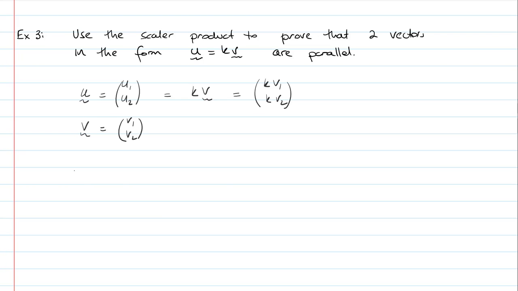And so this means, of course, that u dot v is equal to, using our definition, kv1 times v1 plus kv2 times v2. Use these forms here and multiply them across. And that gives me k(v1 squared plus v2 squared). So there's our first thing.